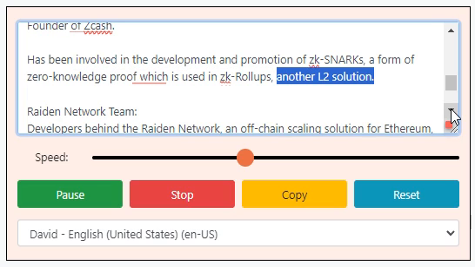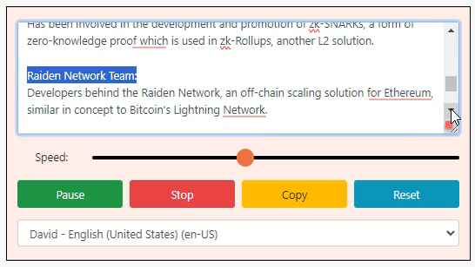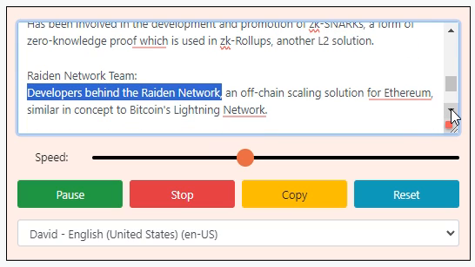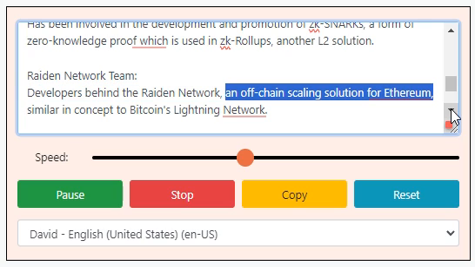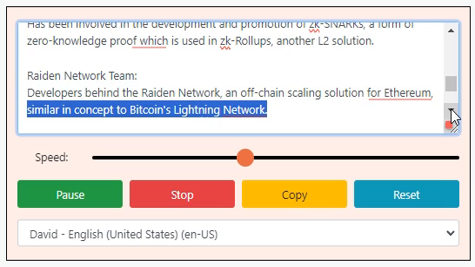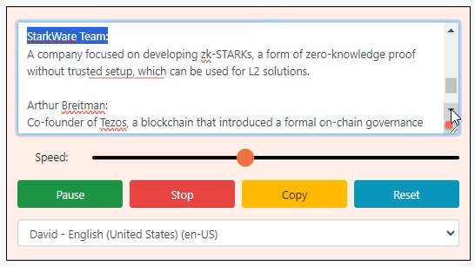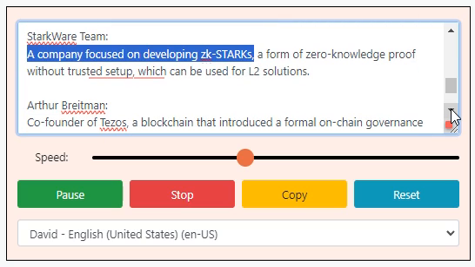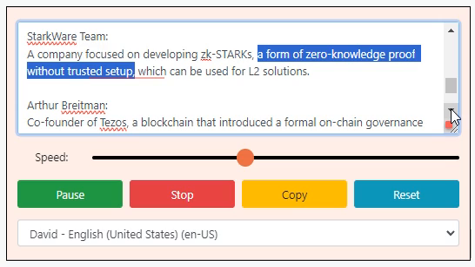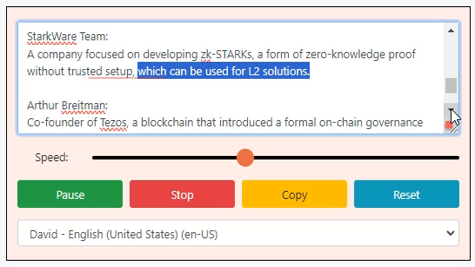Another L2 solution: Lightning Network team, developers behind the Lightning Network, an off-chain scaling solution for Ethereum, similar in concept to Bitcoin's Lightning Network. Starkware team, a company focused on developing ZK-STARKs, a form of zero-knowledge proof without trusted setup, which can be used for L2 solutions.